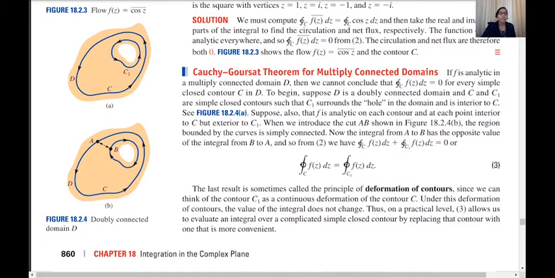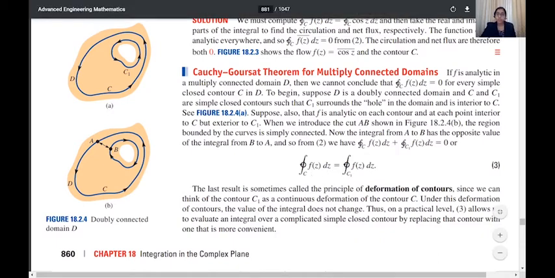Okay, so the integral from A to B is actually the integral over C of f of z dz. The integral from B to A is the integral over C1 of f of z dz. So the sum of those both integral values are equal but have opposite signs, so the sum of them will be equal to 0. So to evaluate this integral over C, I can write the integral over C of f of z dz is equal to the integral over C1 of f of z dz.